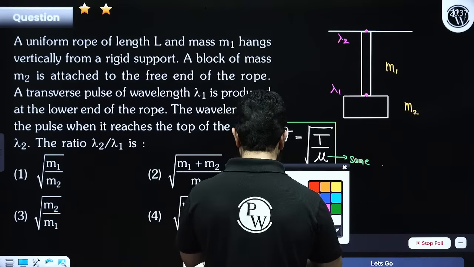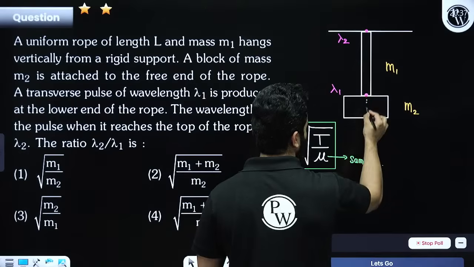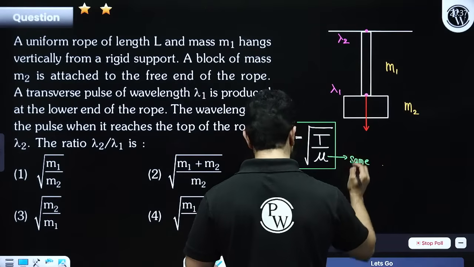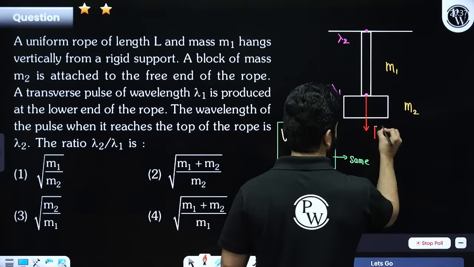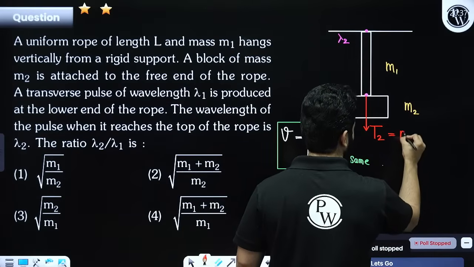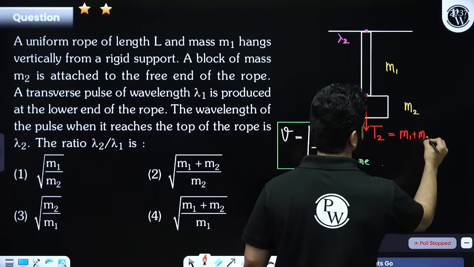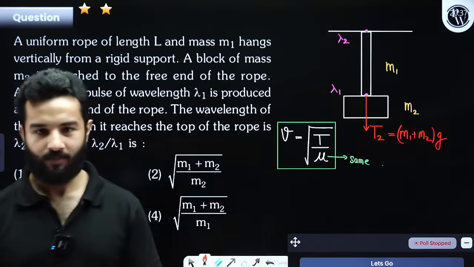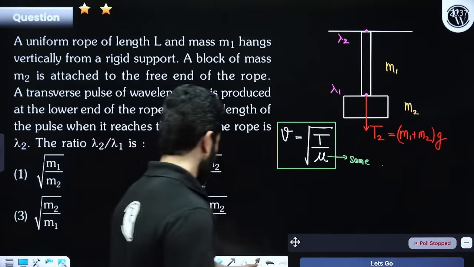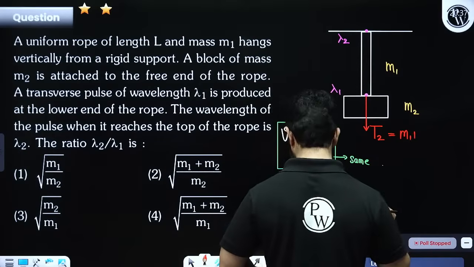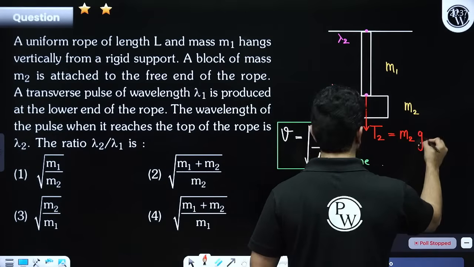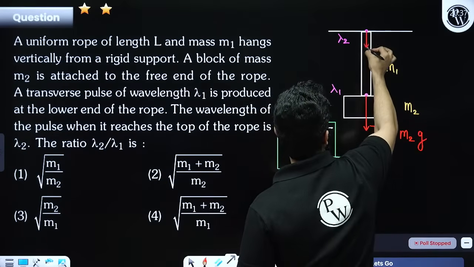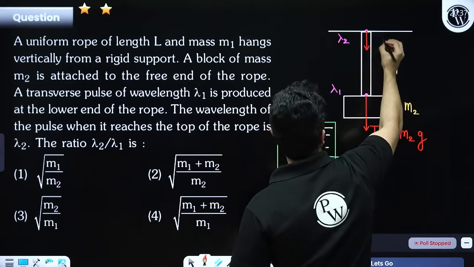At the lower end, tension is only M2G, and at the upper end, it will actually bear the total weight.